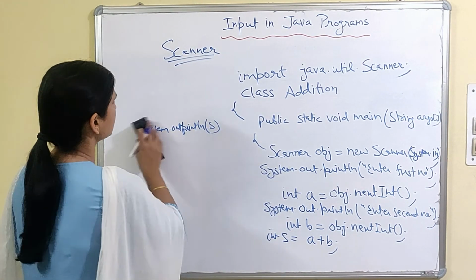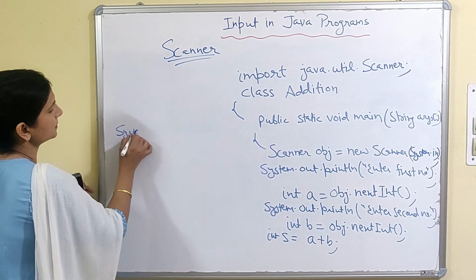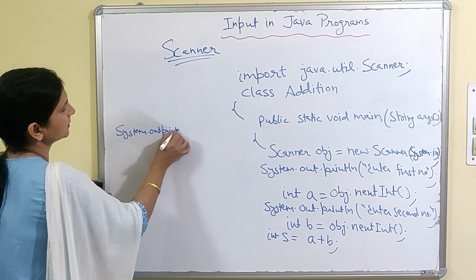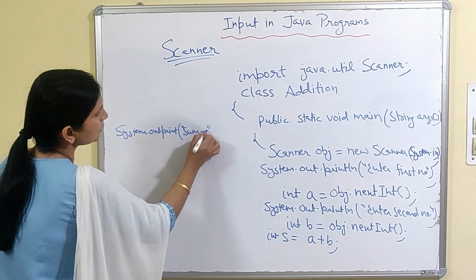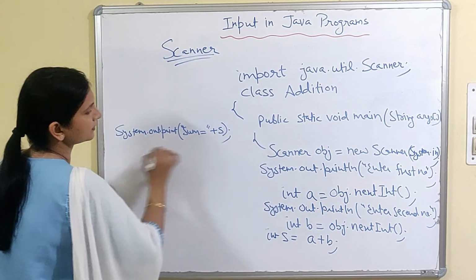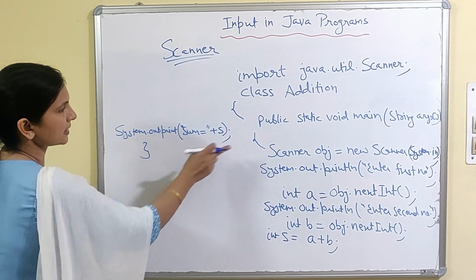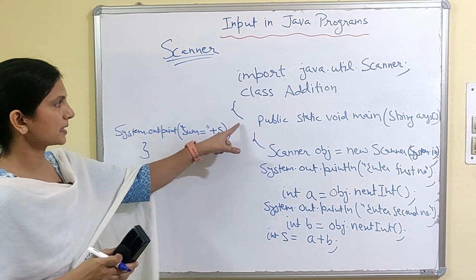I am writing it here, there is no space. System.out.print, you can write sum equals within inverted commas, then plus s. Fine. This is the closing of the main function, and this is the closing of the class.